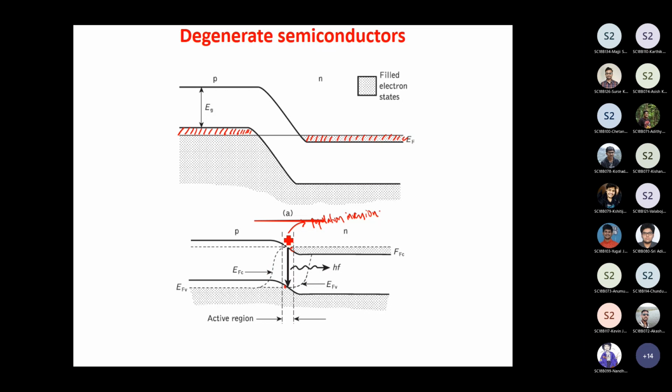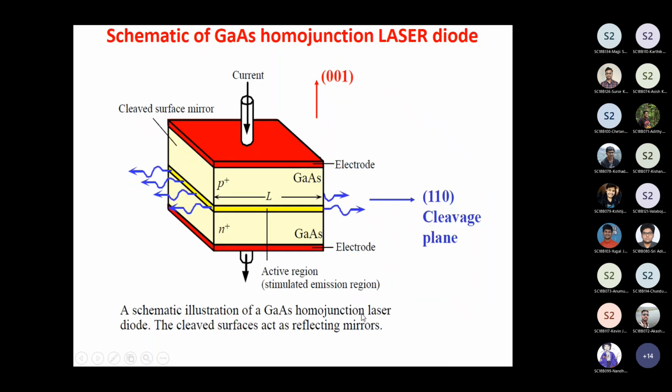So this is what happens inside a PN junction diode, but then you'll have to make it a laser. To make it a laser, what you do is you cleave both the end faces of the laser diode. You polish it.